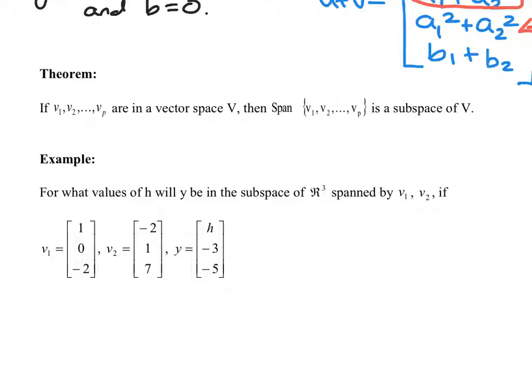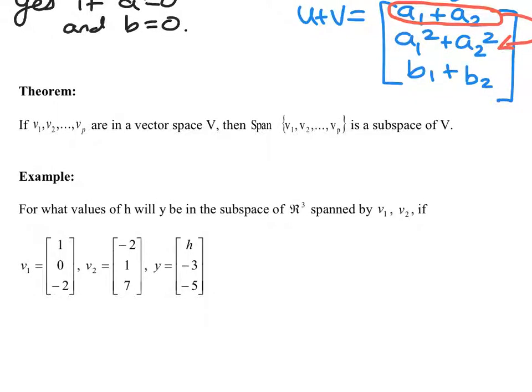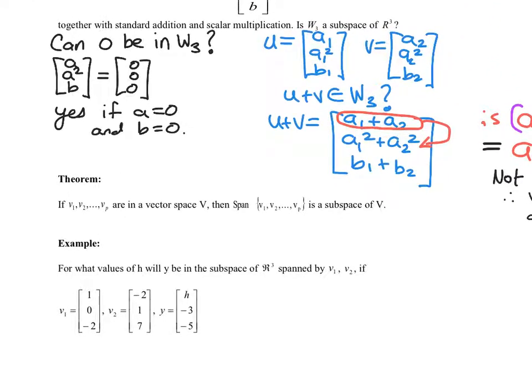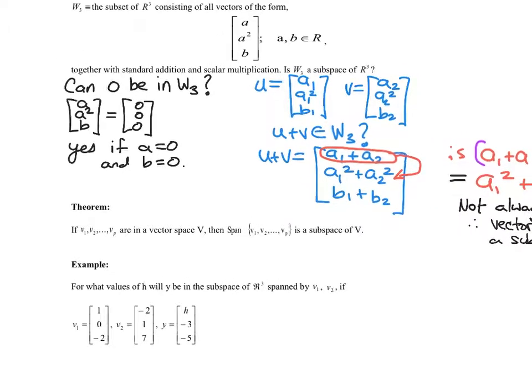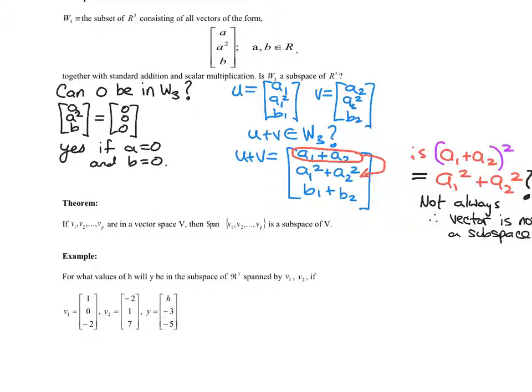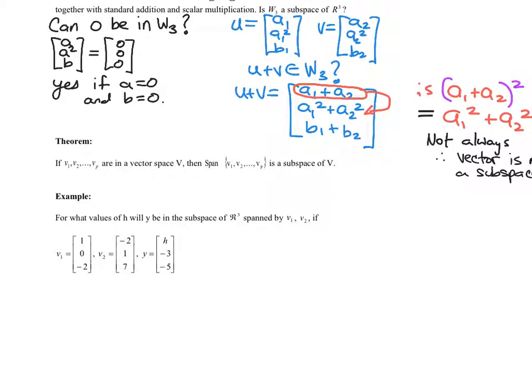It allows us to streamline the whole approach so that instead of testing it out case by case, if we could see that one vector is in the span created by the others, then it is in the subspace of real space.